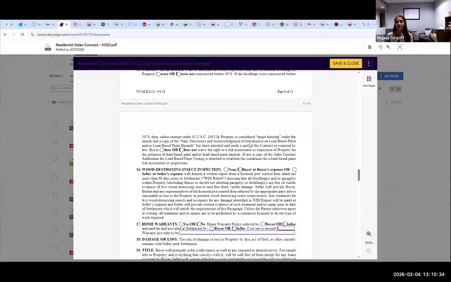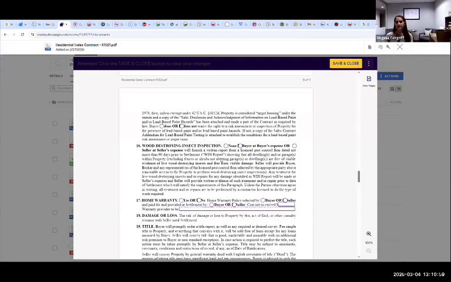And then the buyer does or does not waive the right to do a risk assessment or inspection of the property for the presence of lead-based paint, okay? If not, a copy of the sales contract addendum for lead-based paint testing is attached to establish the conditions of the lead-based paint risk assessment or inspections.